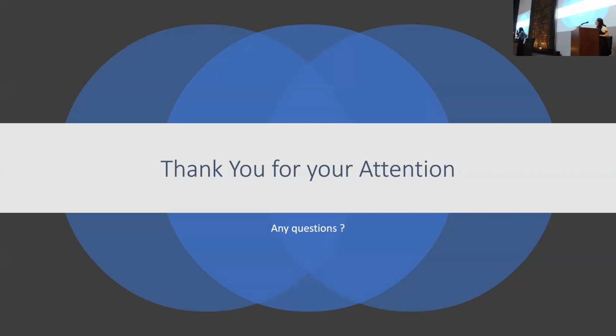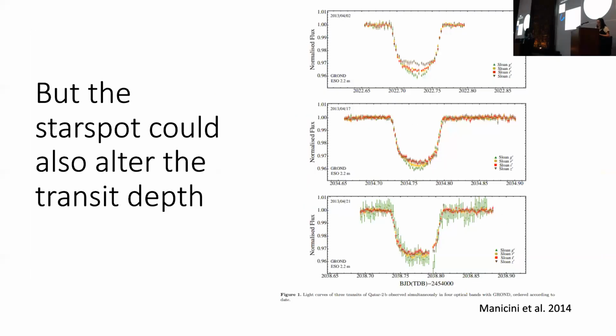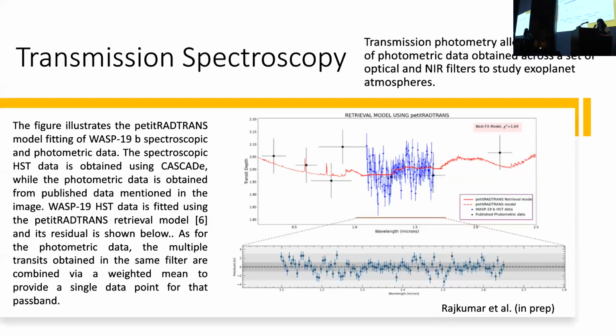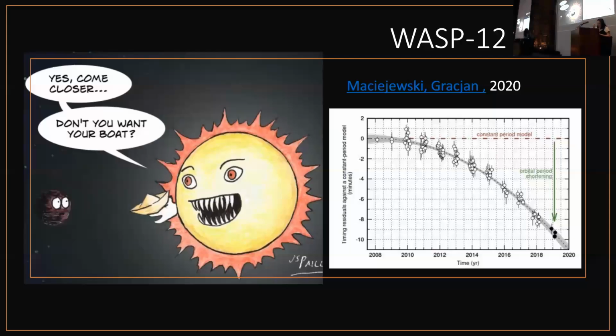Well, when I compare it with WASP-12b, WASP-12b has quite a fast orbital decay, but this is not the same case with WASP-19b. In the case of WASP-12b, it is very quick, but even with 11 or 12 years of data, we couldn't find a prominent decay in WASP-19b.